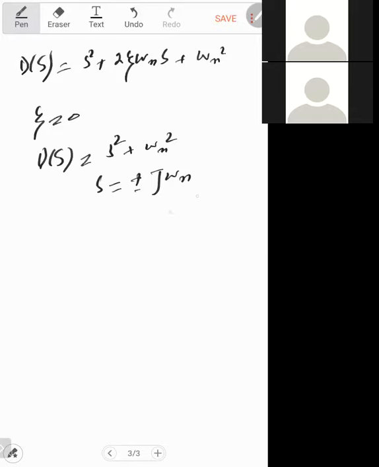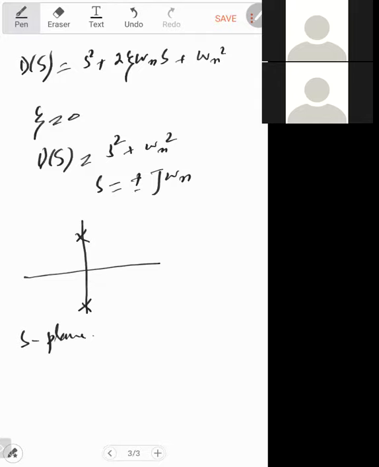When s is equal to this, the denominator polynomial will become equal to 0, and then G(s) will be divided by 0, which will approach infinity. So if zeta is equal to 0, then we have two poles. One pole will lie over here and another will lie over here, and this is called the s plane.